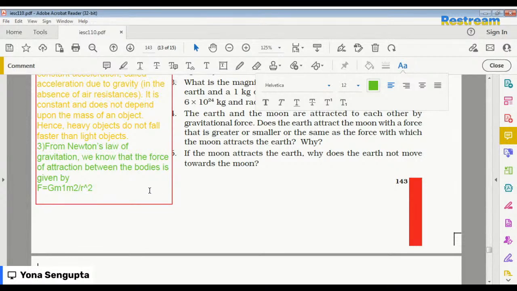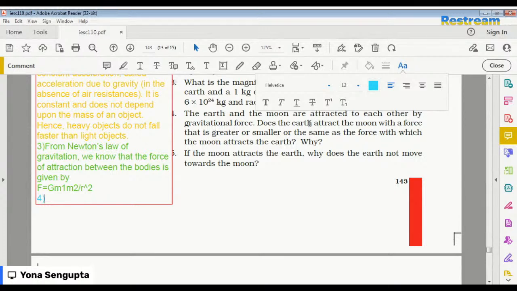Next, we will be moving on to number 4. Number 4 says, if the earth and the moon are attracted to each other by gravitational force, does the earth attract the moon with a force that is greater than, smaller than, or equal to the force with which the moon attracts the earth, and why?